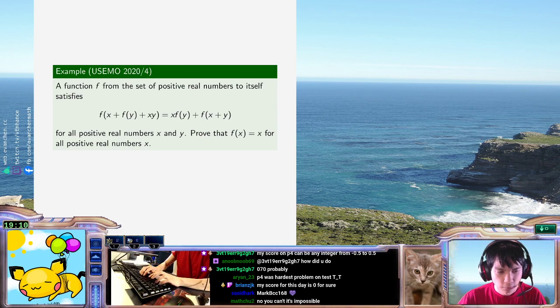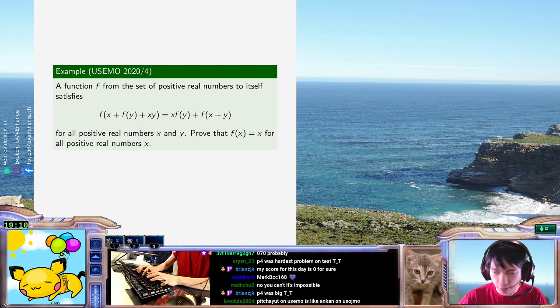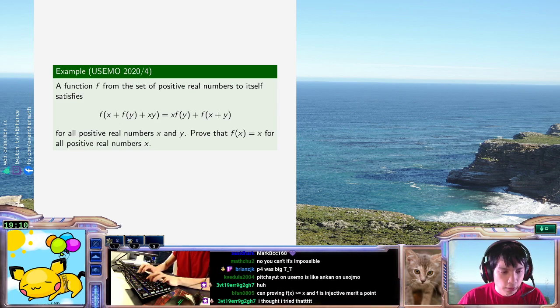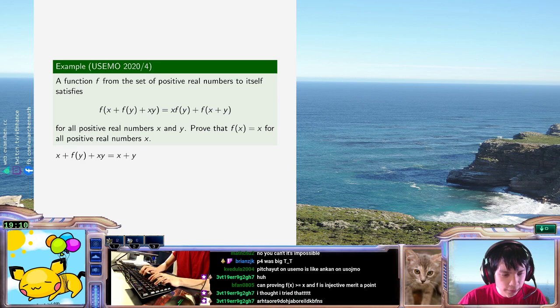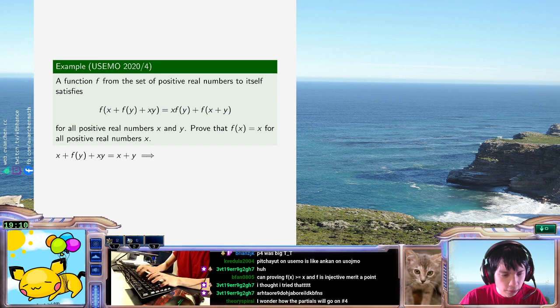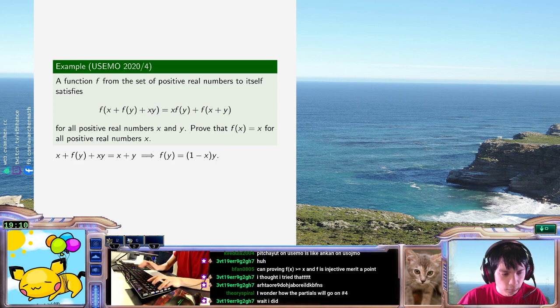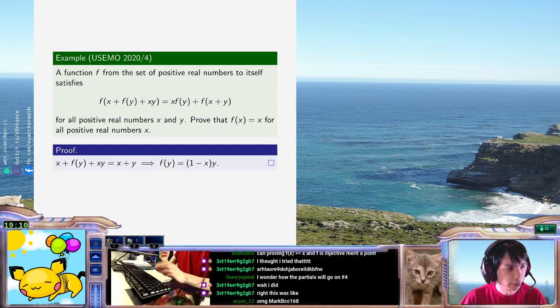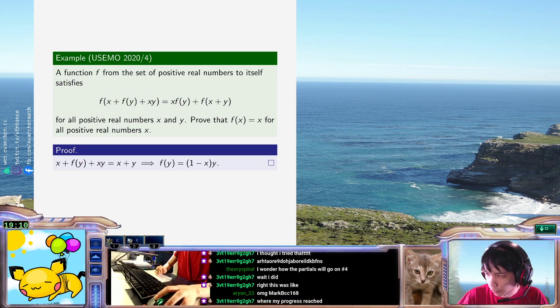So what happens if I try to do that? x plus f(y) plus xy equals x plus y. This equation has a solution if f(y) equals 1 minus xy. So this is what happens if I try to set this guy equal to this guy.